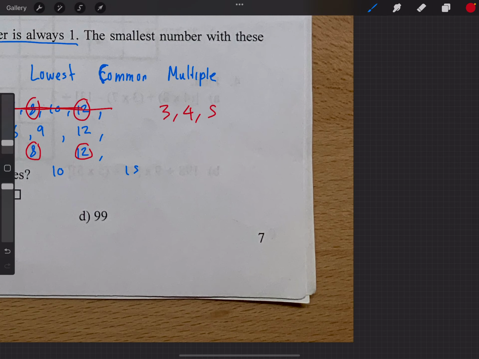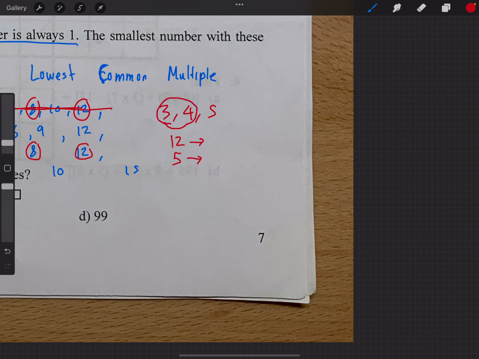Alright. What's the lowest common multiple of 3, 4, 5? Well, between 3 and 4, we get 12. And then you've got 5, so just multiply it by 5. Or you can think of it this way. Just do 12 and 5, because we're only interested in 12 because of 3 and 4.